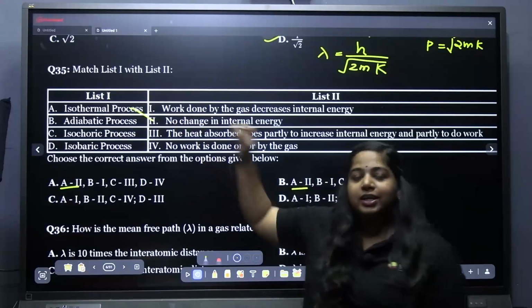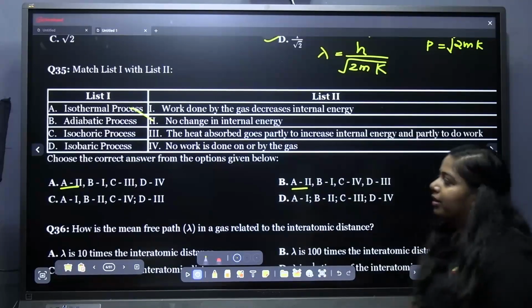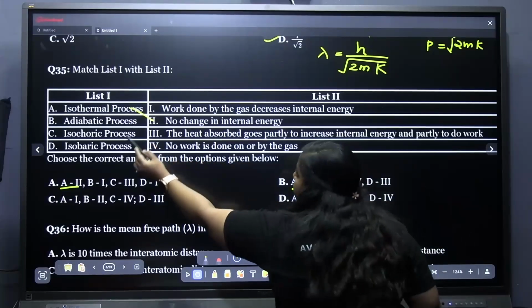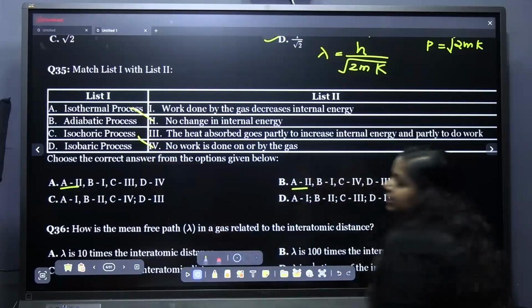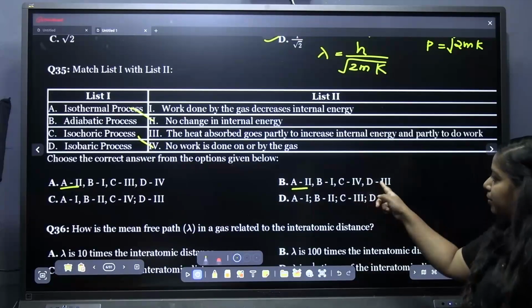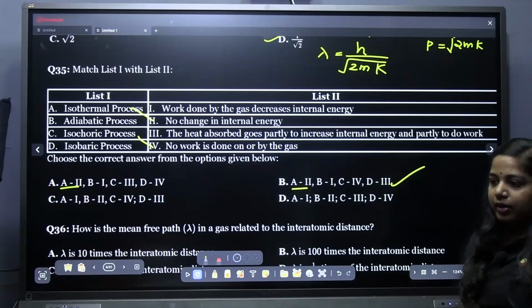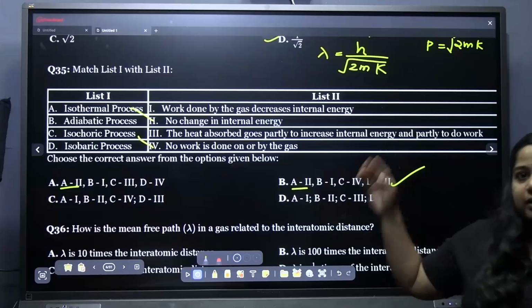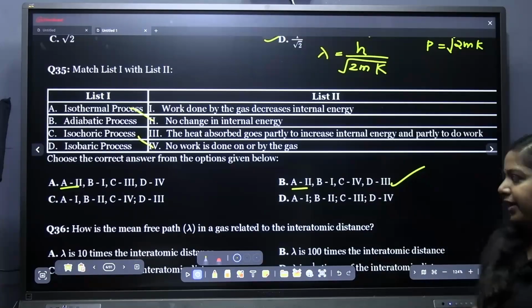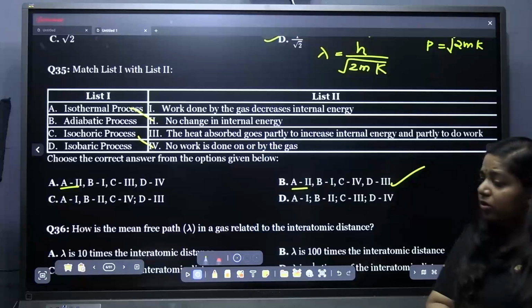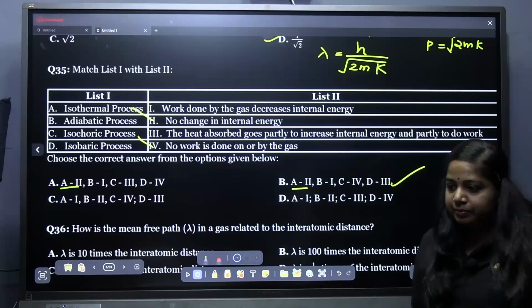No volume change means work done is 0. So no work is done. Isochoric process, C to 4. C to 4 is coming in only one option. So B is the answer. So we don't have to figure out the whole thing. Is that clear for all? Or do you feel like I am going fast?